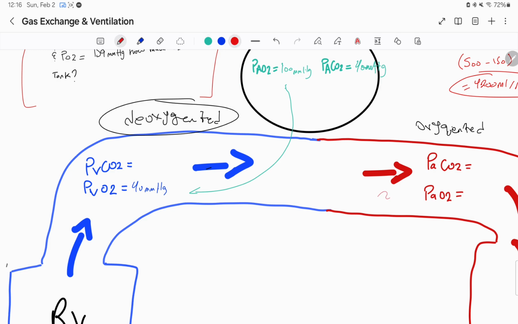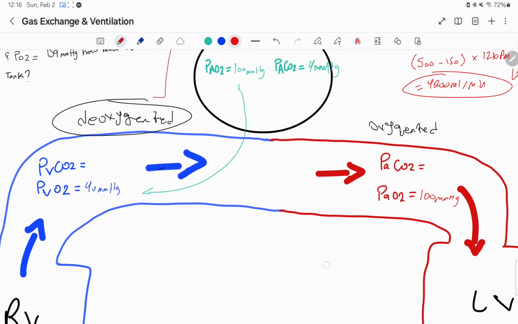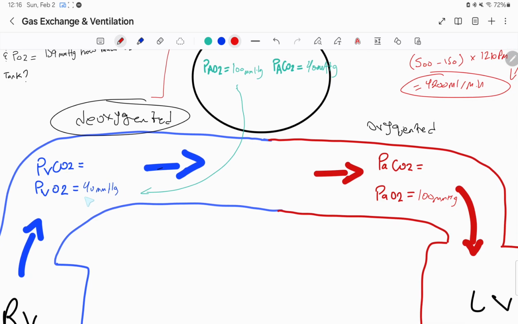About 100 millimeters of mercury. The partial pressure of oxygen is 100 millimeters of mercury in the alveoli, and it'll continue to flow down until it equilibrates with the deoxygenated side of the blood. Then it'll turn into that 100 millimeters of mercury.